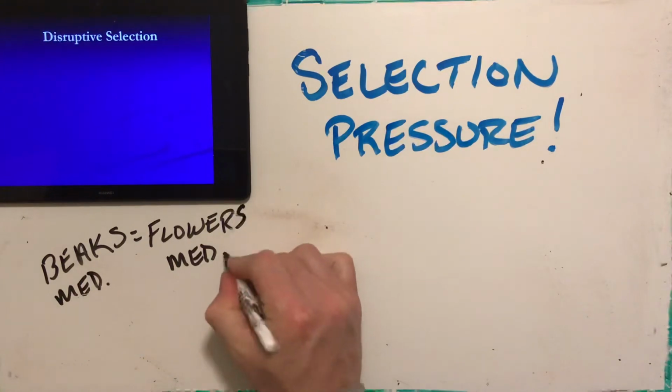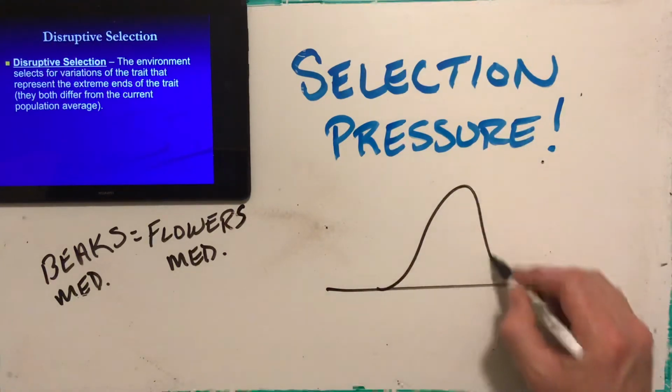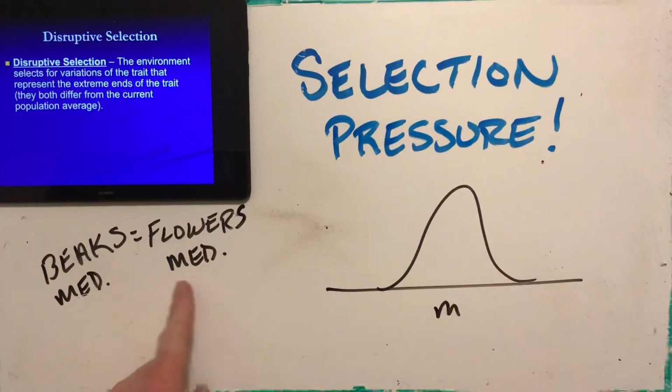So with disruptive selection, what we see is that the environment, again, changes. This is not stabilizing selection. So there's a change, and what it does, the environment now selects for the two extreme forms of the trait. So again, if this is our hummingbird beak lengths, the medium beak was great for the medium flowers at first.